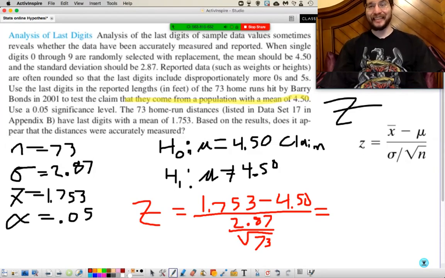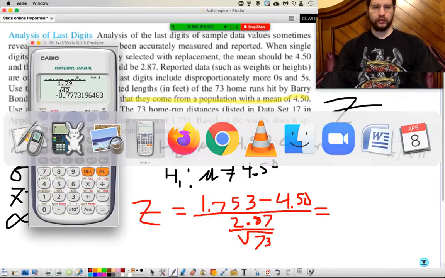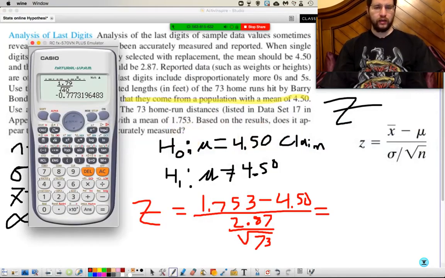So that gives us a z-test statistic. So we're going to use the z table here. Now this one you could use a normal CDF to get the area. Go back and watch Monday's videos if you want to.